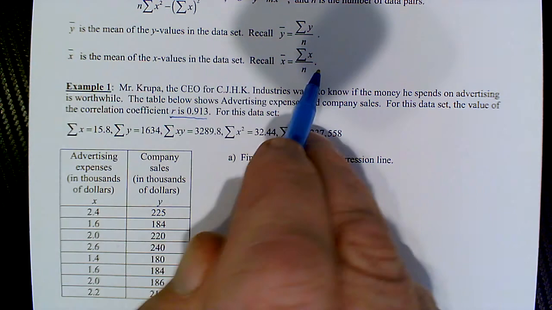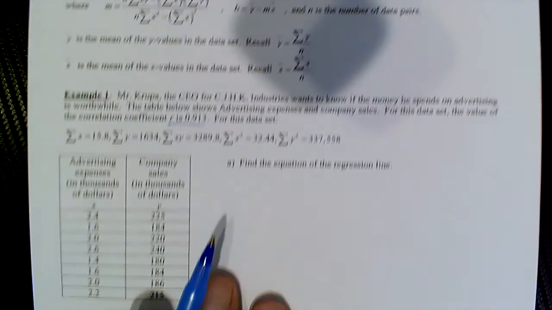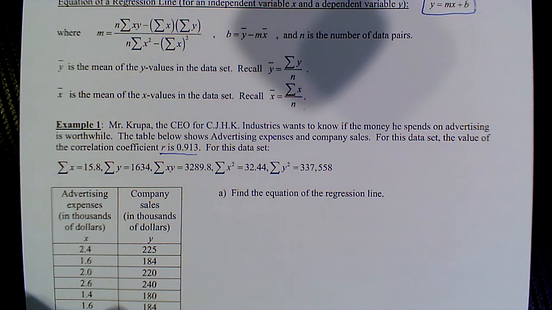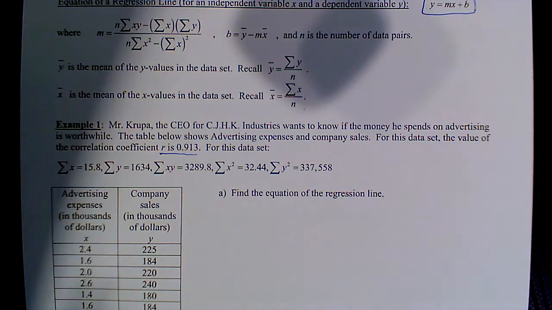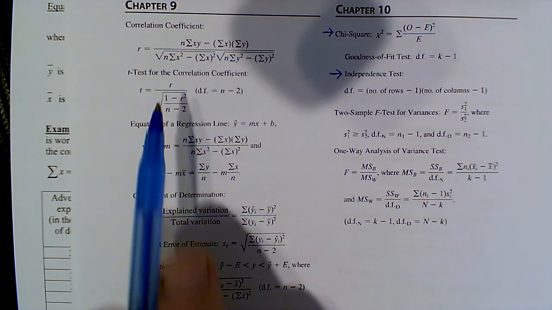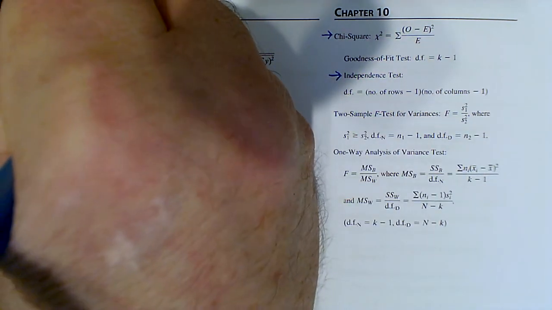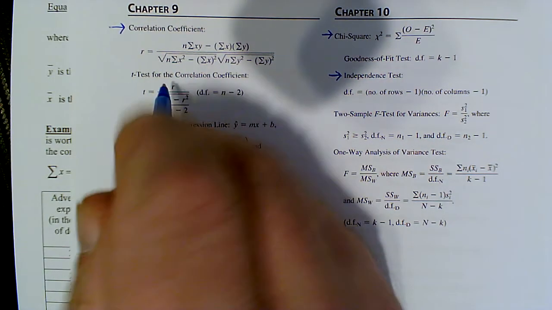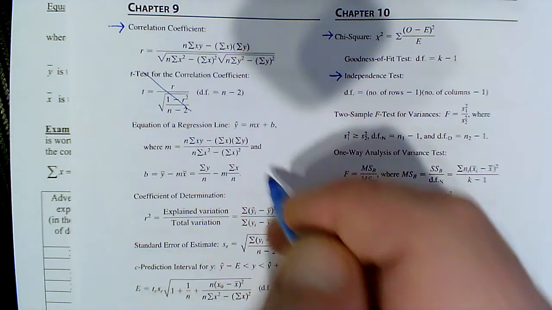So all of these formulas here are on your formula sheet. Notice that we only want the correlation coefficient. We're not going to be doing the t-test, so you don't have to worry about that.